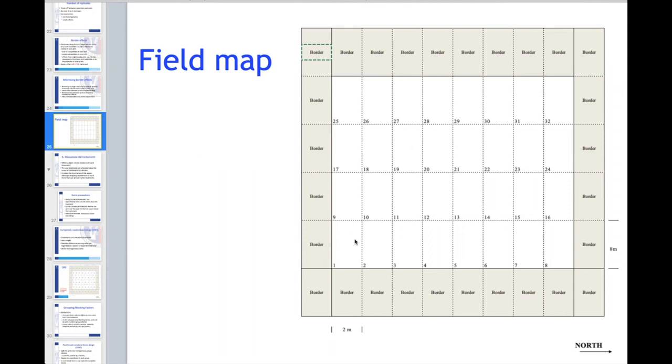This is an experiment where you see we have 32 plots, and they are clearly identified by using numbers. Then we need to specify the size of plots. And you see that these plots are 2 meters wide and 8 meters long.